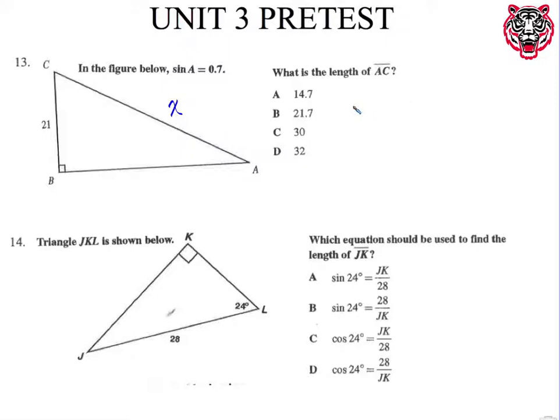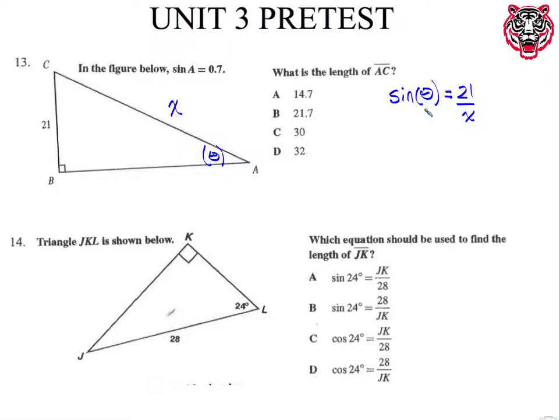All right, so I need to figure out what trig function is used for the opposite and the hypotenuse. Hopefully you remember that that is sine. Sine of my angle, some angle, we'll say theta, is equal to 21 over x.